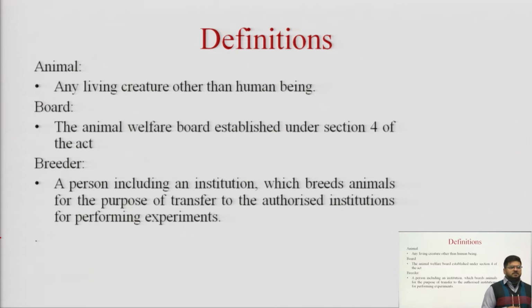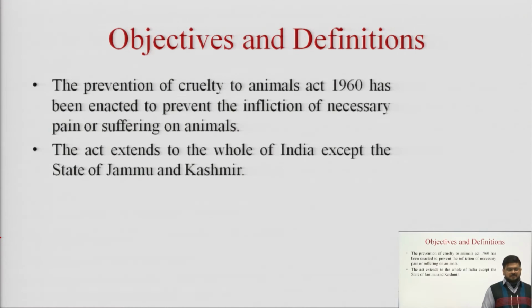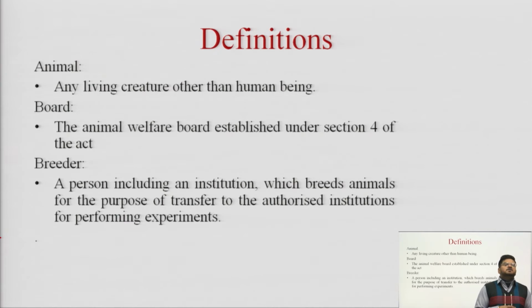Another is the breeder. Who is a breeder, and what is the use of a breeder under this Prevention of Cruelty to Animals Act? So, who is a breeder? A person, including an institution, which breeds animals for the purpose of transfer to an authorized institution for performing experiments.